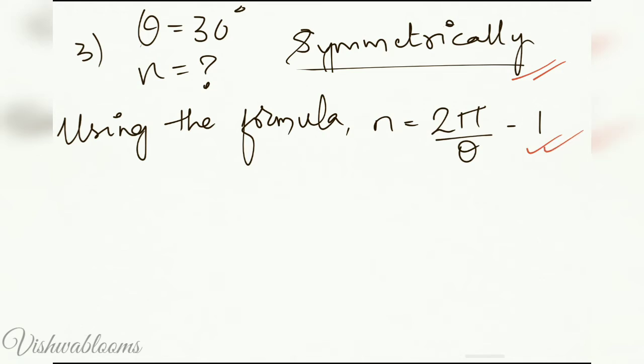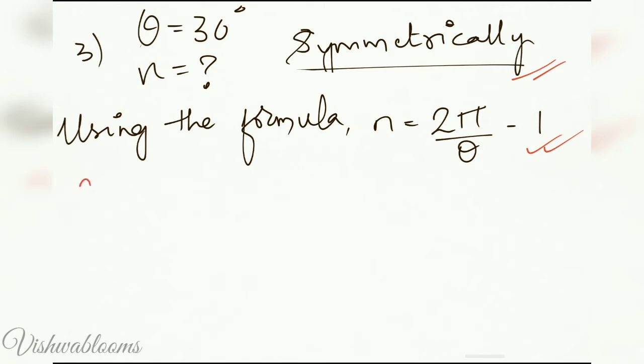N is equal to 2 pi by theta minus 1. Now we know what theta is, and pi value, always remember, in optics it is 180 degrees.